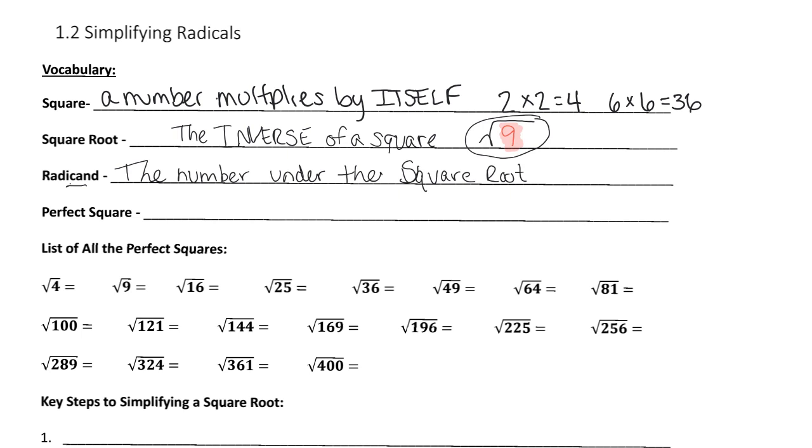And then a perfect square is an example just like 9, that when you simplify the square root of that number, it comes out to be an integer. So what's the square root of 9? What times what, or what times itself, will give us 9? Hopefully you know that that's 3. 3 is an integer, so then it's a perfect square.